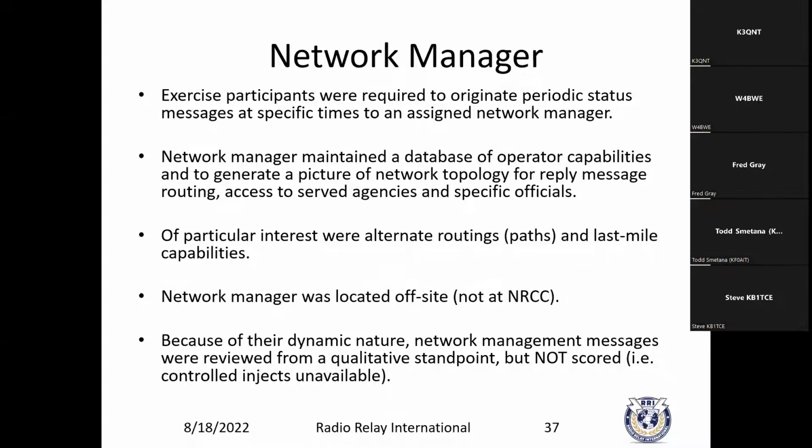But again, his job is to maintain a database of operators, their connectivity to various local and state agencies, the frequencies at which they're operational, for example, the nets at which they're operational. And this allows us, when necessary, to route traffic using the most expeditious methodology. Furthermore, we ensured that the network manager, as we call him today, network coordinator, was located off-site. He was neither at the NRCC, nor was he in the simulated disaster area.